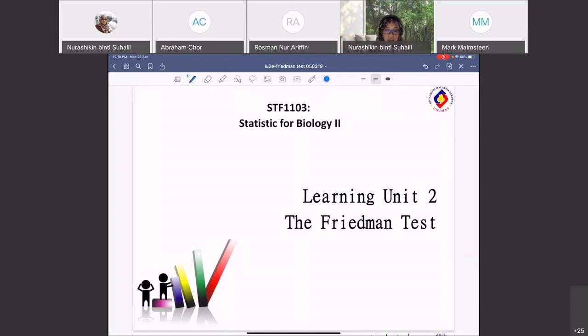The exam will be conducted on exam ELIP. Are you familiar with exam ELIP? You have used the system last semester, right? Yes. So I will post the information about it. You log in to the system and search for the course code for this course, STF 1153 for biostatistics.